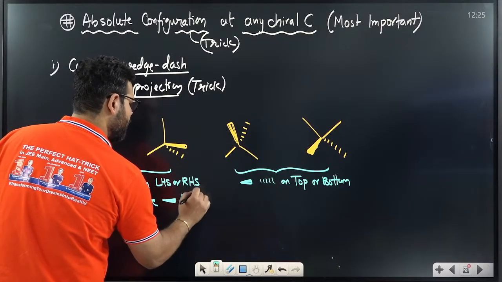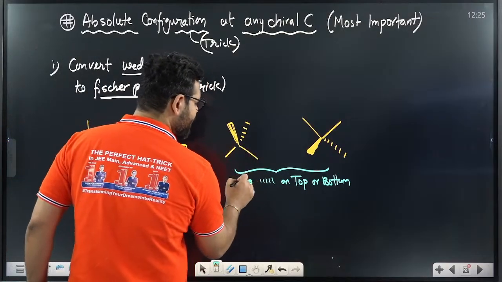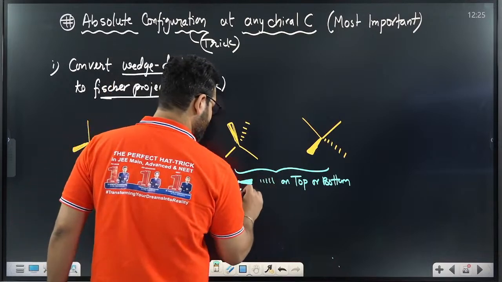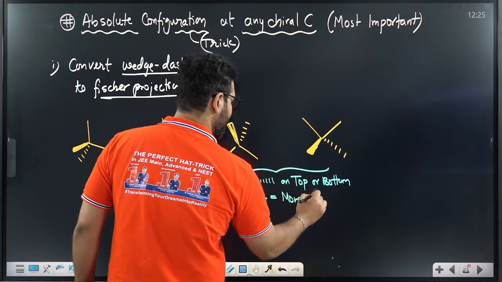I'll tell you what is the meaning. And whenever wedge and dash are given on the top or bottom, then the trick is: move the dash bond.